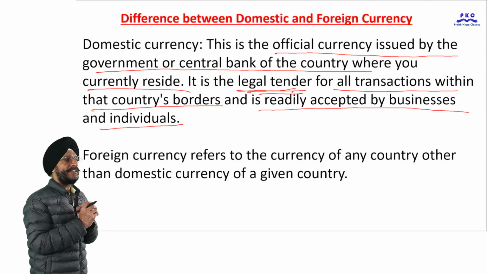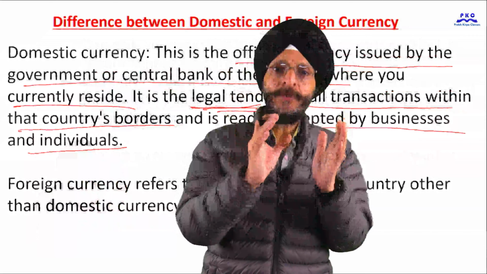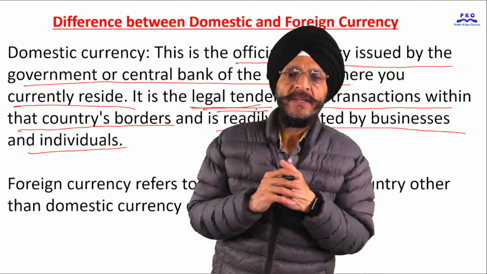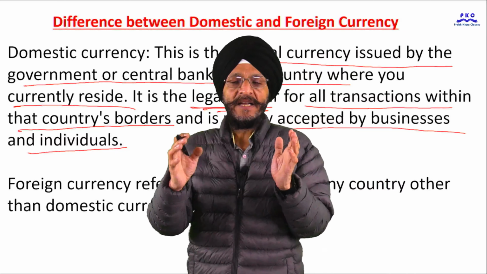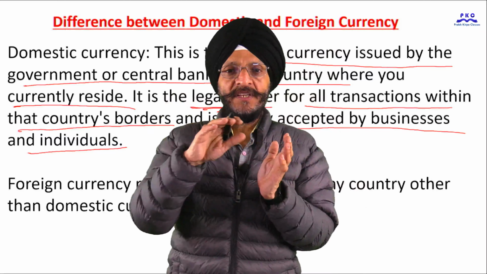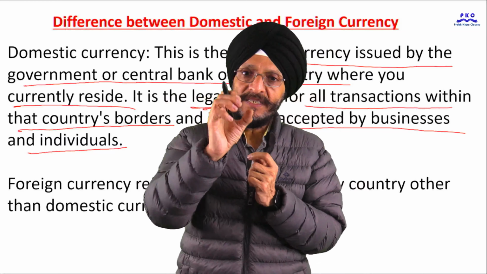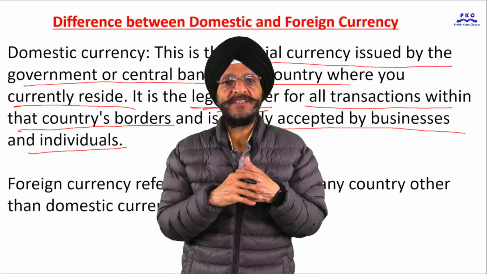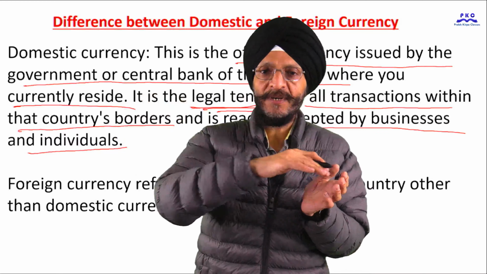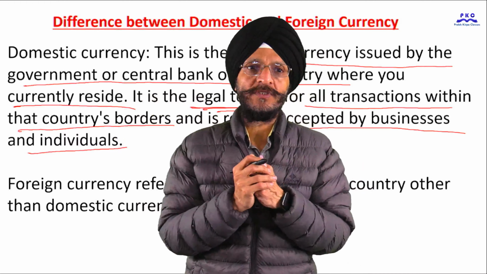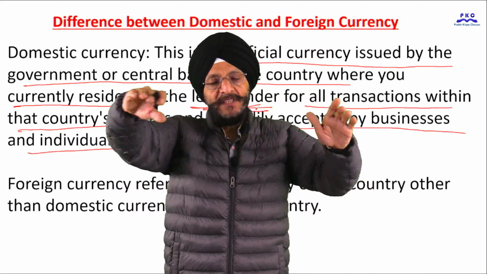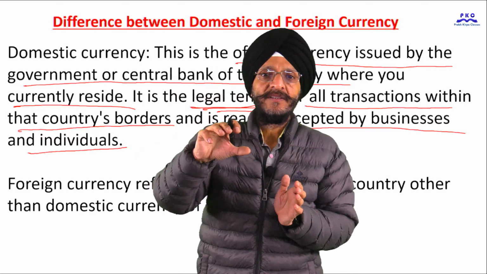Legal tender means the currency which has been issued by the government or central bank of the country, and it has been mandated that all the residents of the country must accept that currency for all types of transactions, including payment of tax and purchase and sale of goods. So domestic currency is the legal tender within the boundaries of that country.